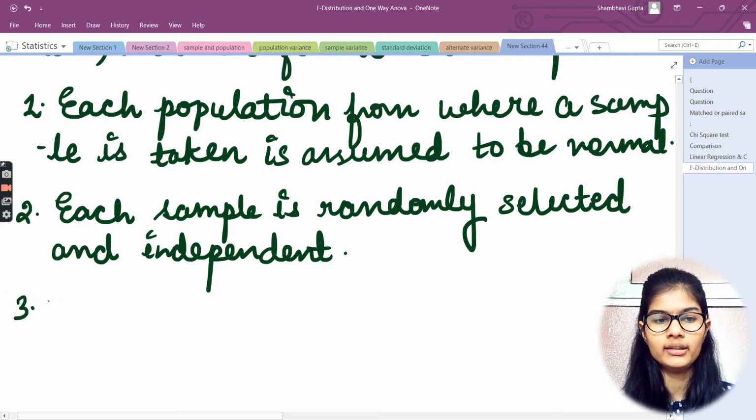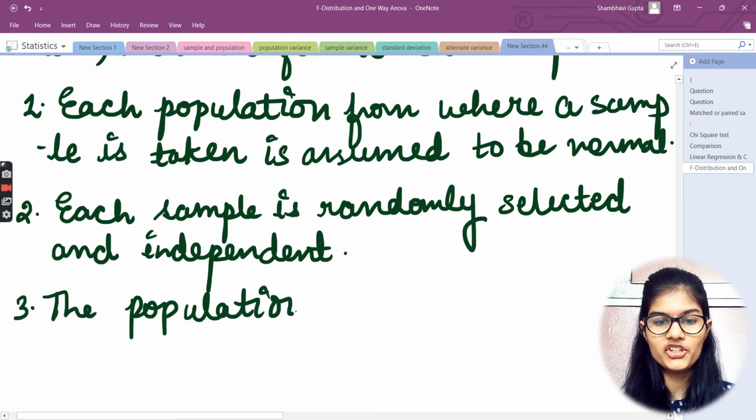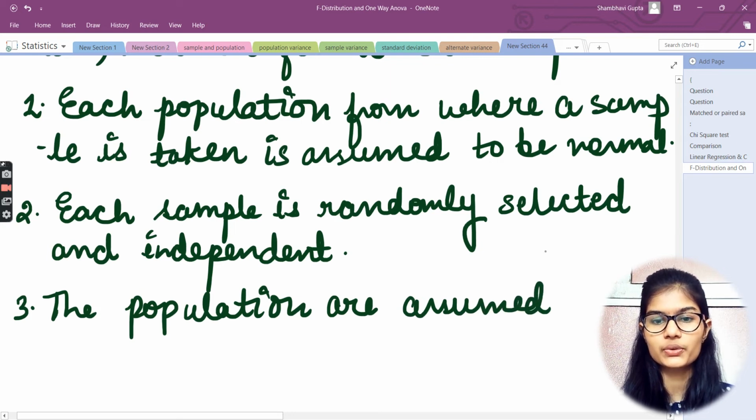Moving toward the third one, we have the populations are assumed to have equal standard deviations or variances, right? Let me just go down here for a short while.